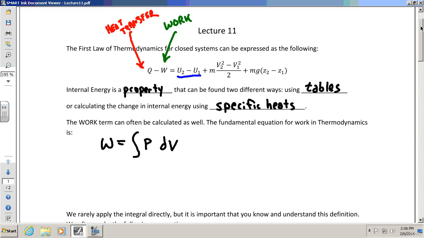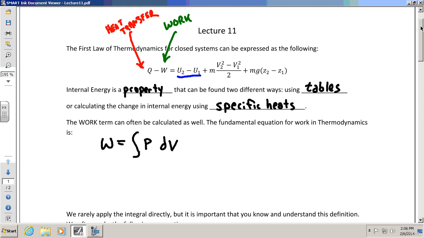If you don't remember anything else about work, I hope you remember that's the integral of P dV. Thermodynamic work has to do with pressure, and it must have to do with volume. Those are the two things it must have to do with.